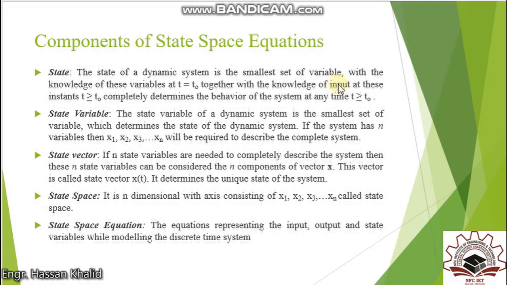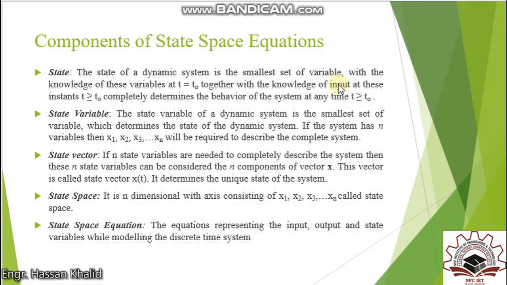One will be the current and the other will be the voltage, and they will be defined according to the conditions. The state vector: if n state variables are needed to describe the system, then there will be a vector with dimension n, which is called the state vector x of t.